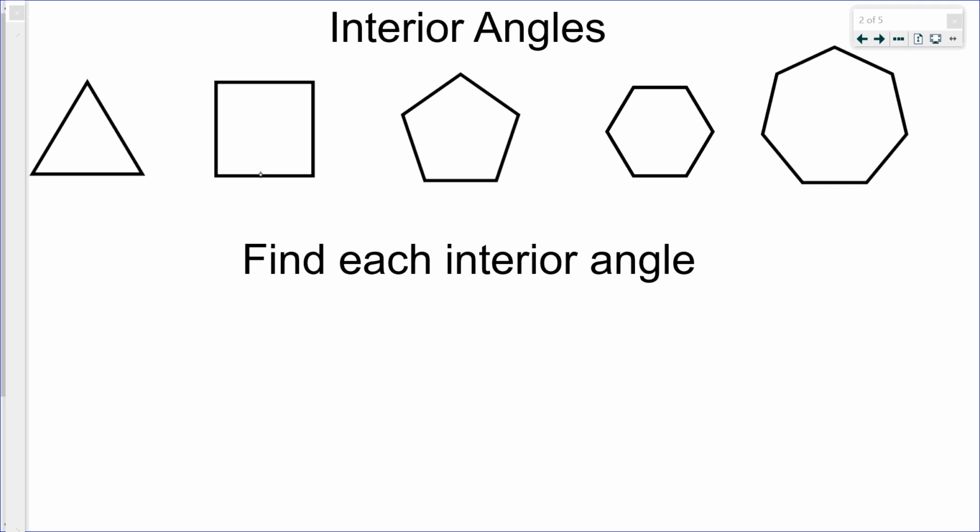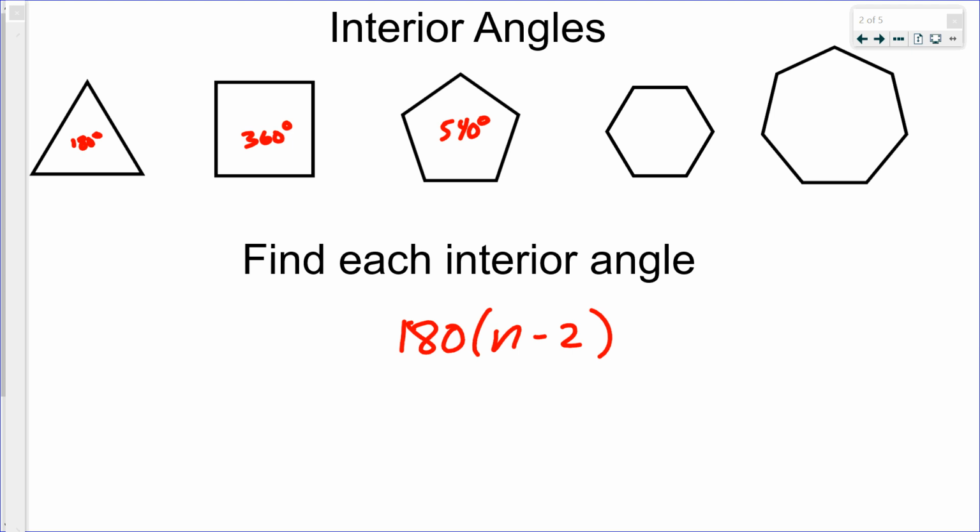So if I find the sum of all of them, which if we remember is 180 times n minus 2, where n is the number of sides, I can find what they add up to. So in a triangle, that adds up to 180 degrees total, quadrilateral 360, so on and so forth. So 540, 720, you can figure those out.